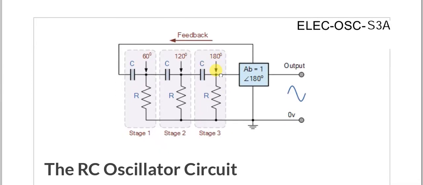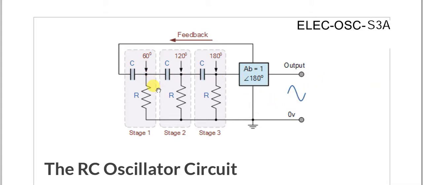This is a typical block diagram of the oscillator, where three-stage RC circuits are used, R and C1, R and C2, R and C3, and the output signal is obtained.